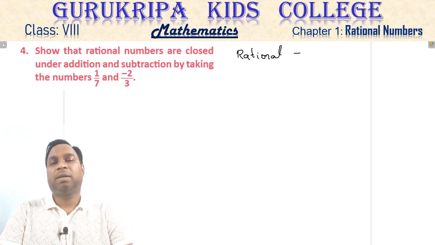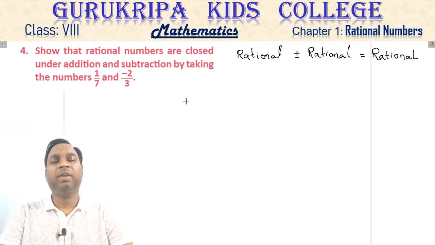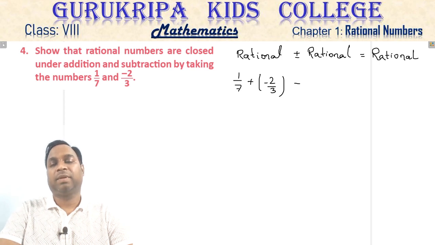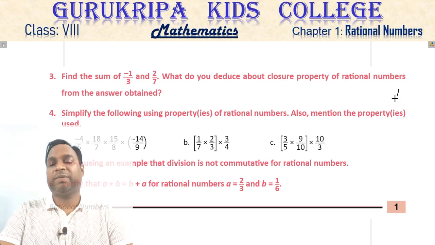Rational plus or minus rational number will always give a rational number, isn't it? Okay, let's take the example. 1 by 7 plus minus 2 divided by 3. You have to take the LCM now. 21 is the LCM. 3 minus 14 is equal to minus 11 divided by 21.